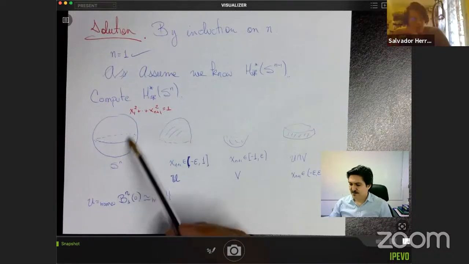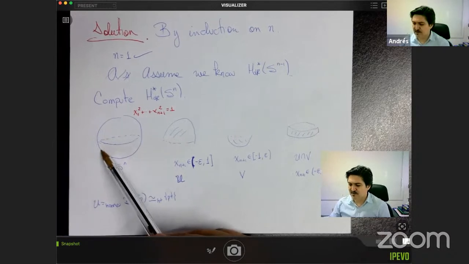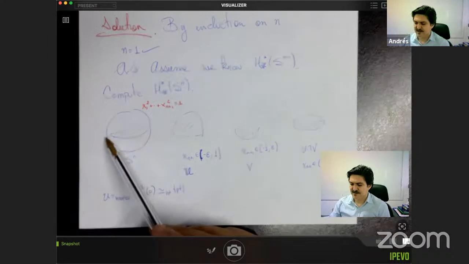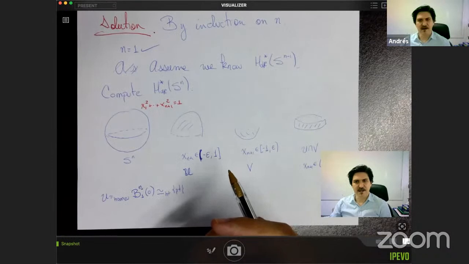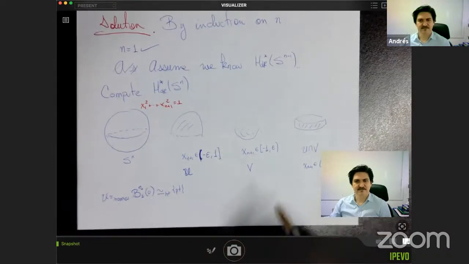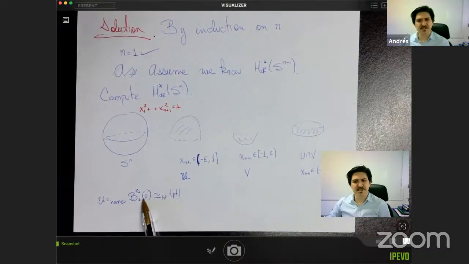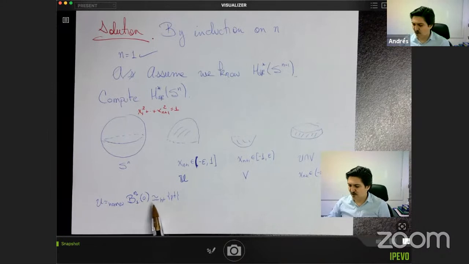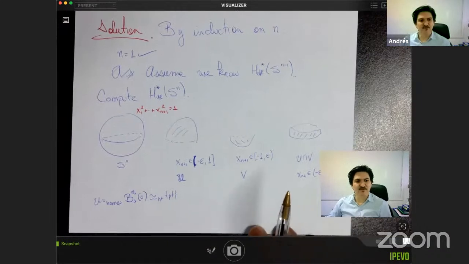Yes. So in particular, a hemisphere will correspond to some open ball in Rn. And the open ball, because it is star-shaped, will have the same homotopy type as a point. The same is true for V.